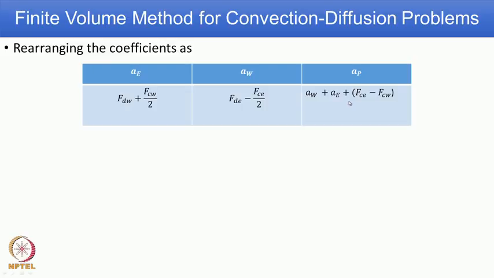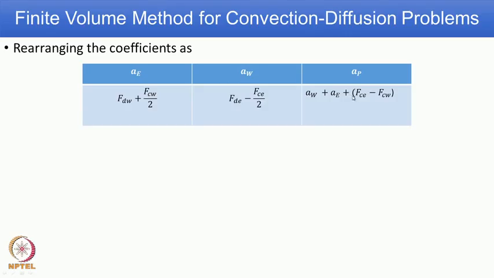In essence, if you have written a code for the diffusion equation and now want to augment the code to include the convection term, all you have to do is add these extra terms for AP and for the respective neighboring nodes. So, in this case AW and AE. This is how the code is developed from one module to the next module.